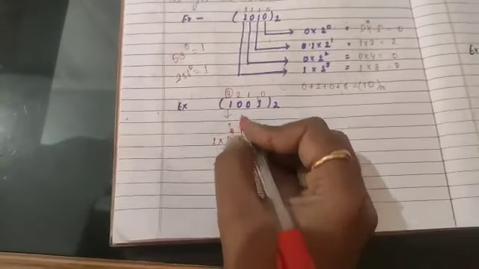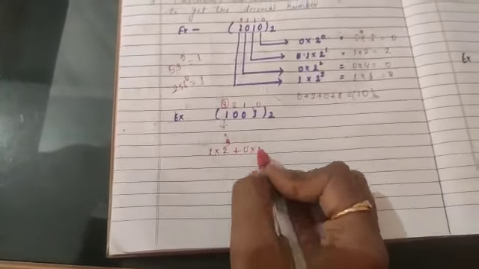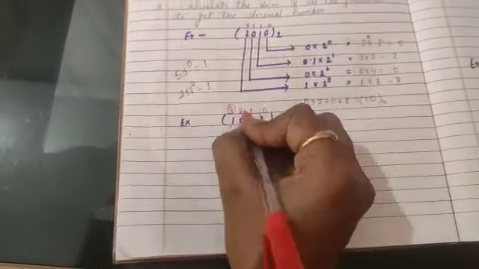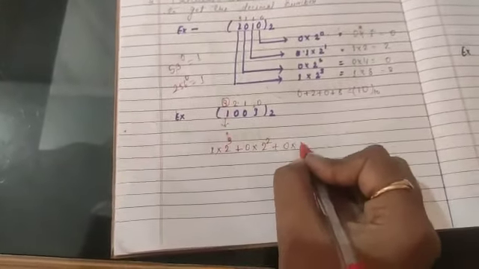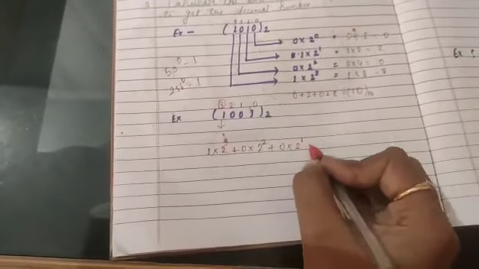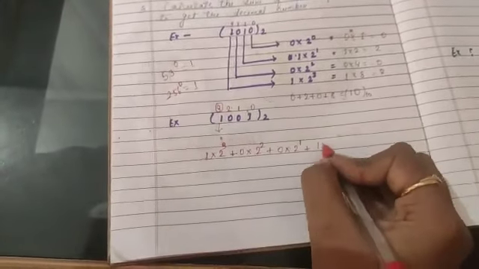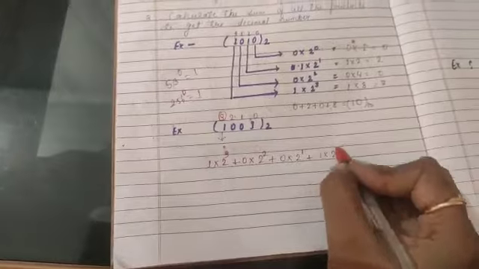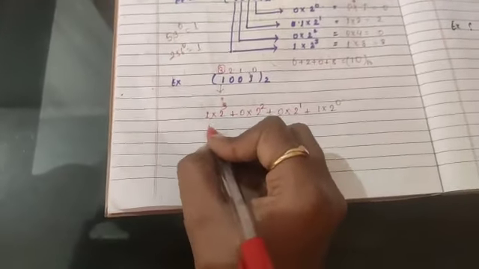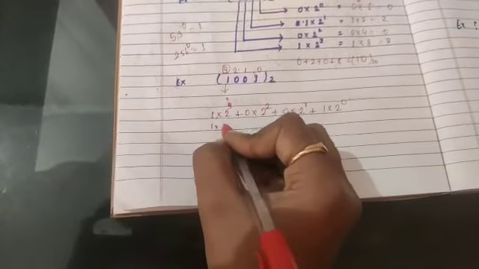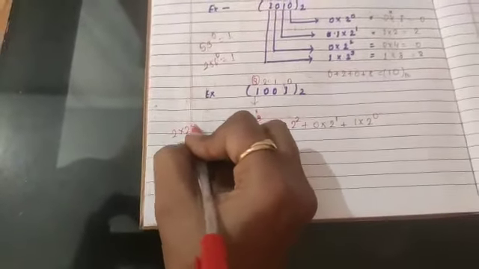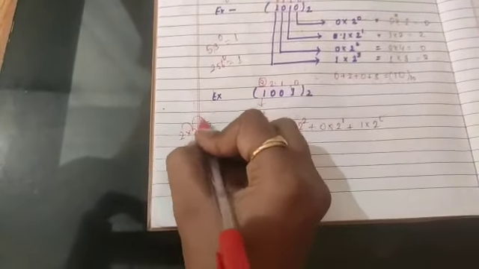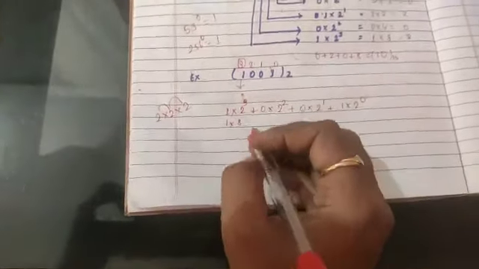Next write plus 0 into 2 to the power 2, 0 into 2 to the power 1, and 1 into 2 to the power 0. Now write here 1 into 8: 2 twos are 4, 4 twos are 8. 3 times we have written.